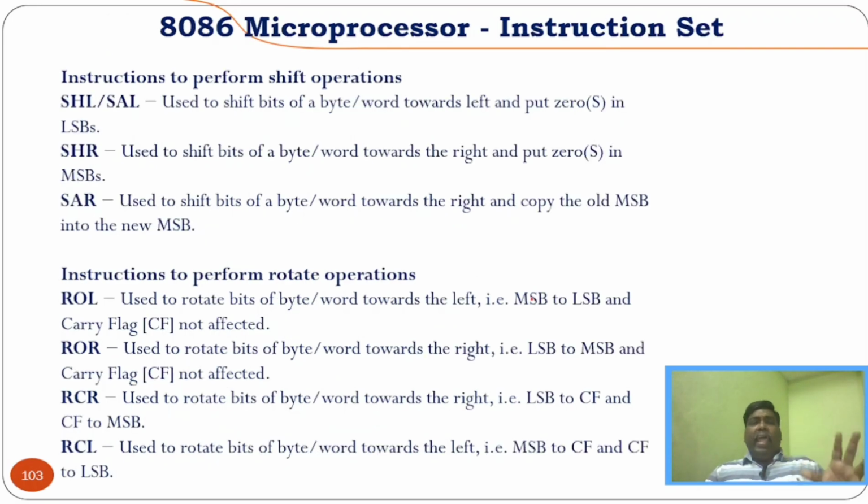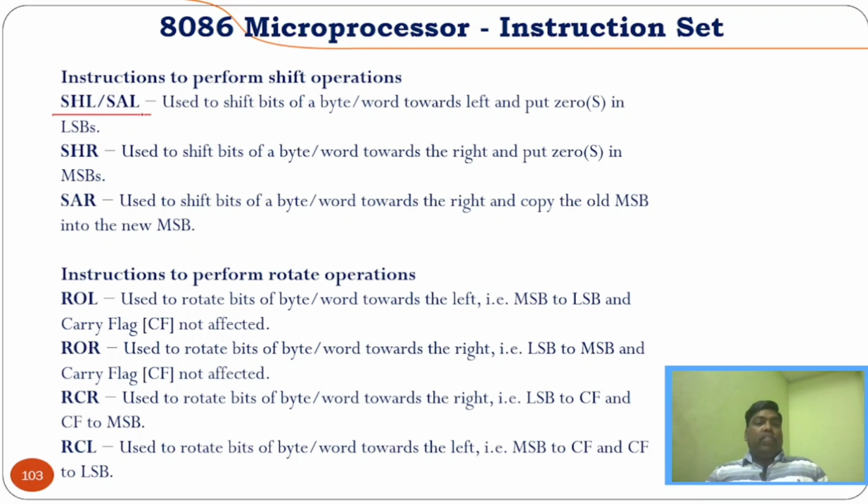Another important group of logical instructions performs shift operations, where there can be a logical shift or an arithmetic shift. SHL is logical shift left and SAL is arithmetic shift left, which are the same operation.